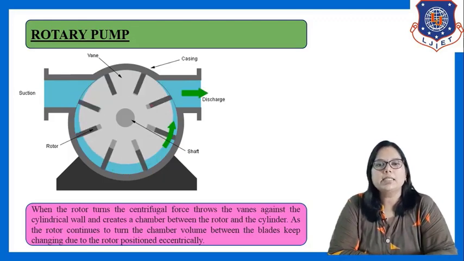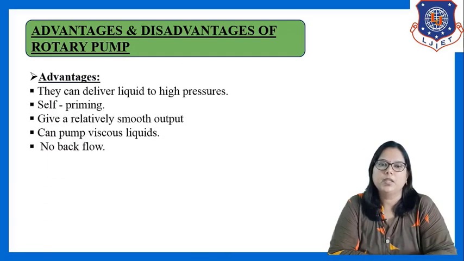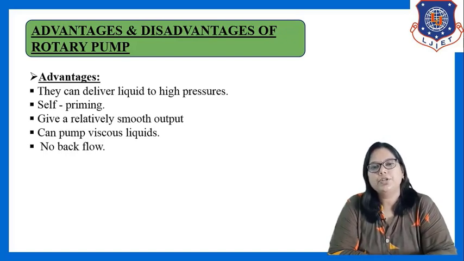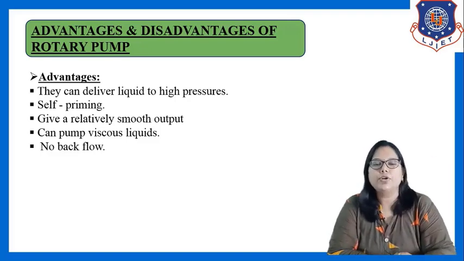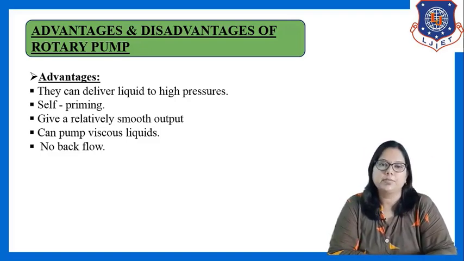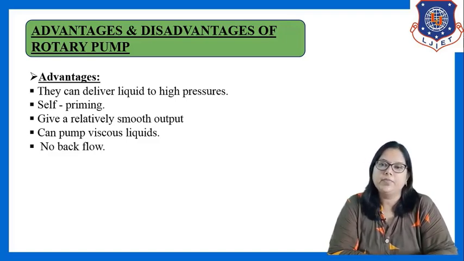Now let us discuss advantages and disadvantages of rotary pump. Advantages include that rotary pump can deliver liquid at high pressure. That means due to the centrifugal force, the liquid which comes out from the discharge line is at high pressure. Again, rotary pump is self-priming.